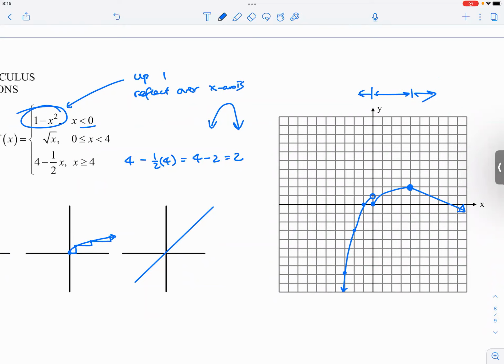Yes? Is it required? Which dot? At 4, 2. Is it required or not? Because I know it's 2 points, but if both of them are filled in, then I don't see the... Well, it was not filled in earlier because it was less than 4 from the second piece.